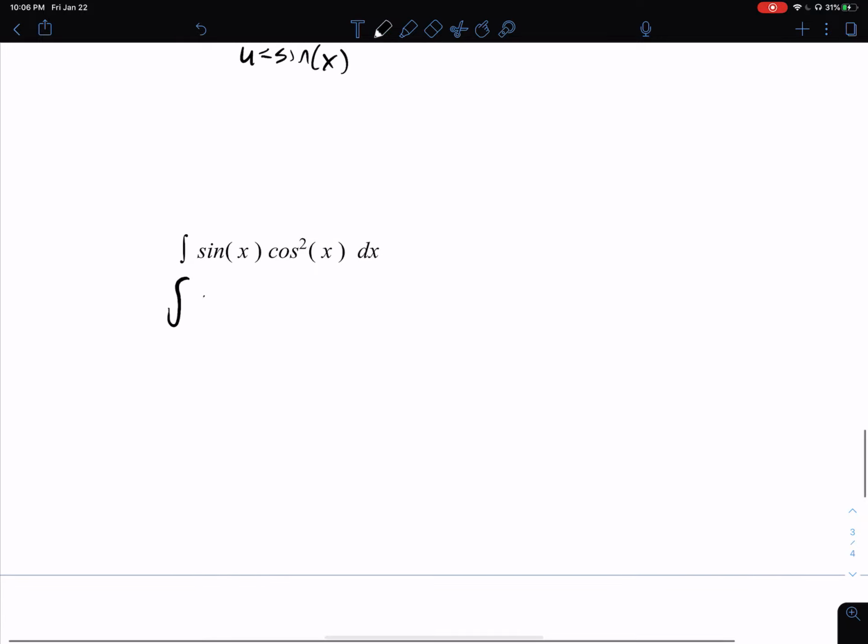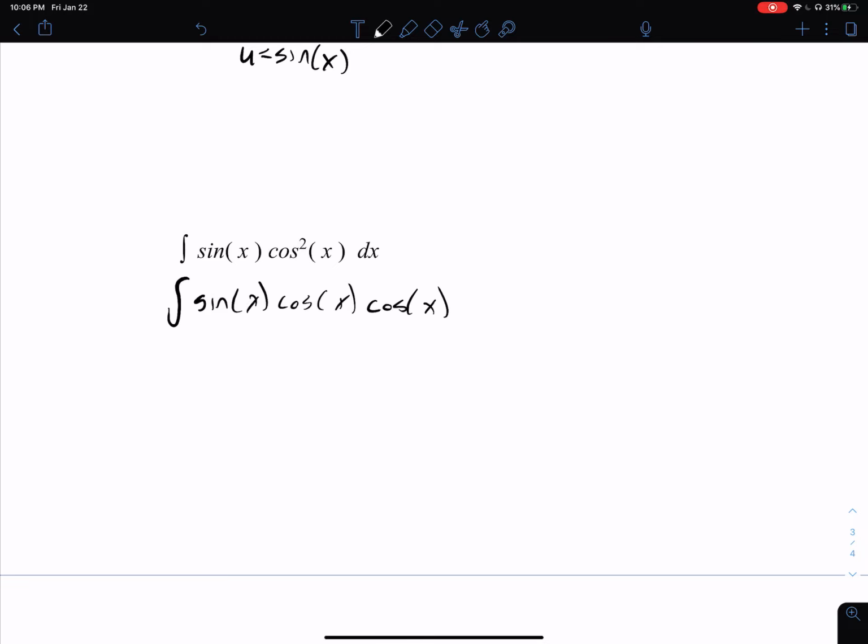This is the same as sine of x, cosine x, cosine x, dx. What I would do is probably, if you make this u, your cosine, when you take the derivative, it'll get rid of the sine.